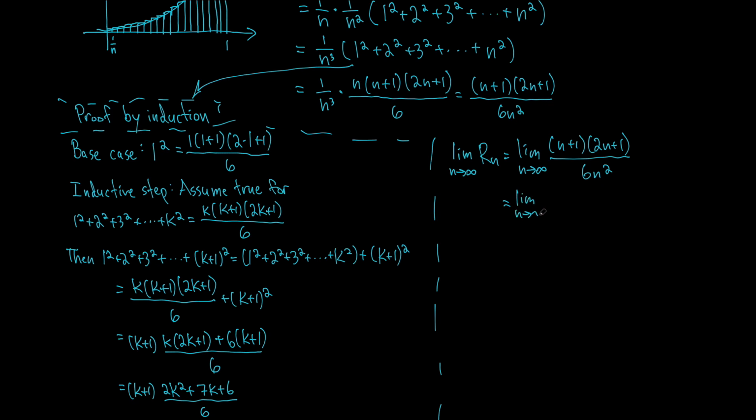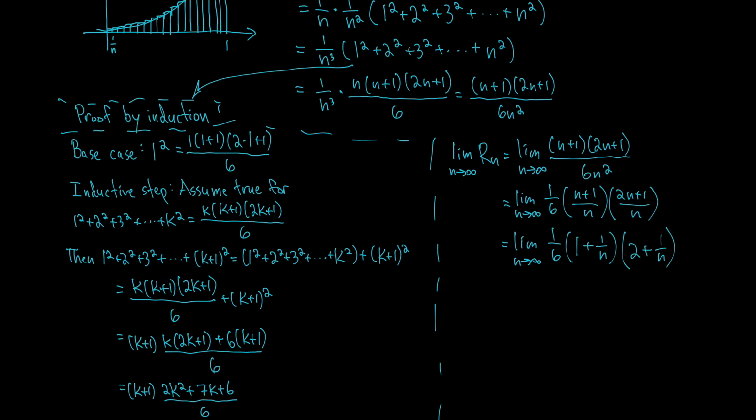So that means it's the limit of 1/6 times n plus 1 over n times 2n plus 1 over n, which is the limit of 1/6 times 1 plus 1 over n. We just split the two terms on top, and we split the two terms in the other factor. So we get 2 plus 1 over n.